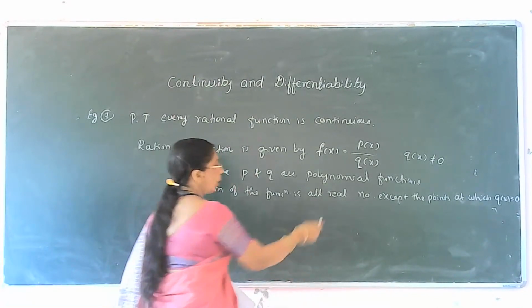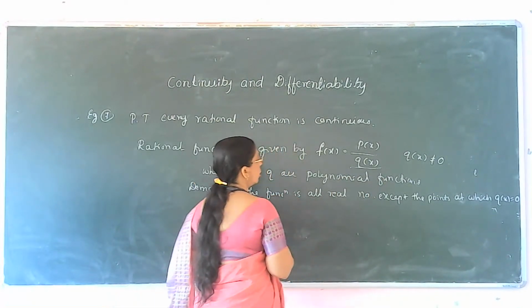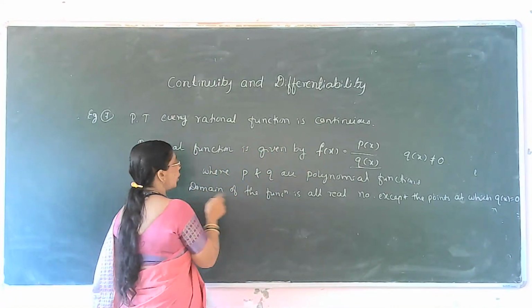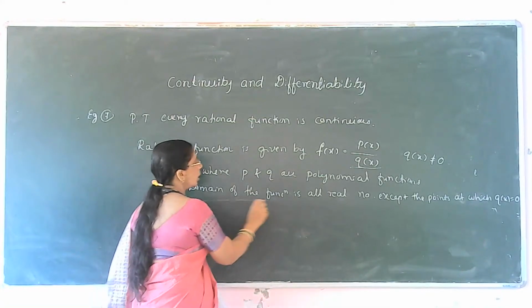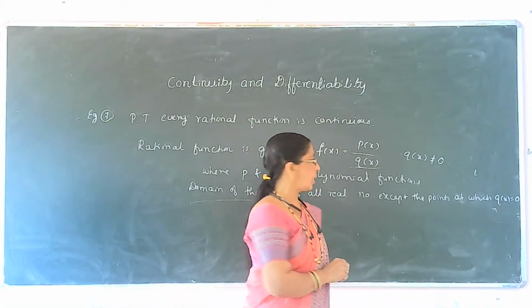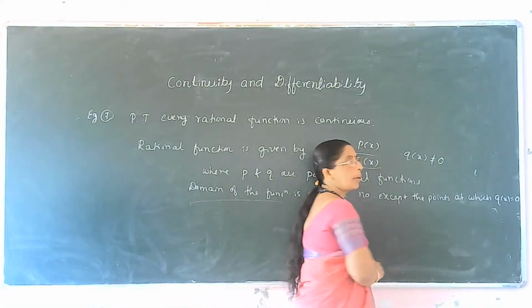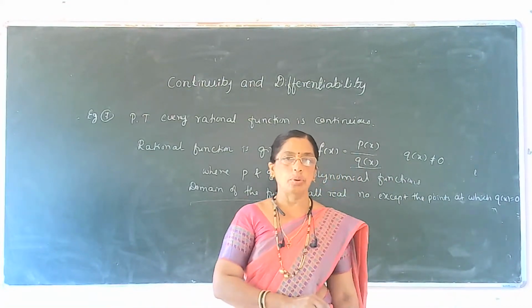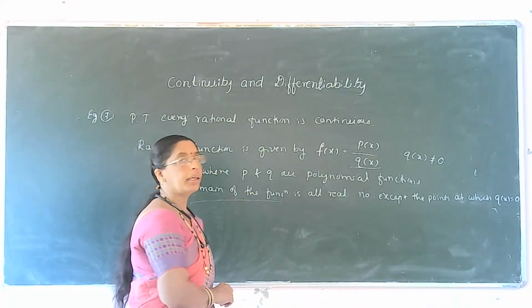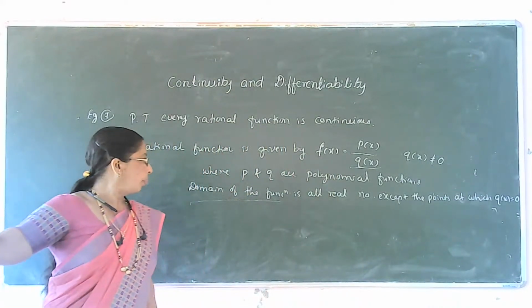Where q is 0, the function is not defined, and only then can we take the domain. At all other points the function is continuous; only where q of x is 0 is the point discontinuous.